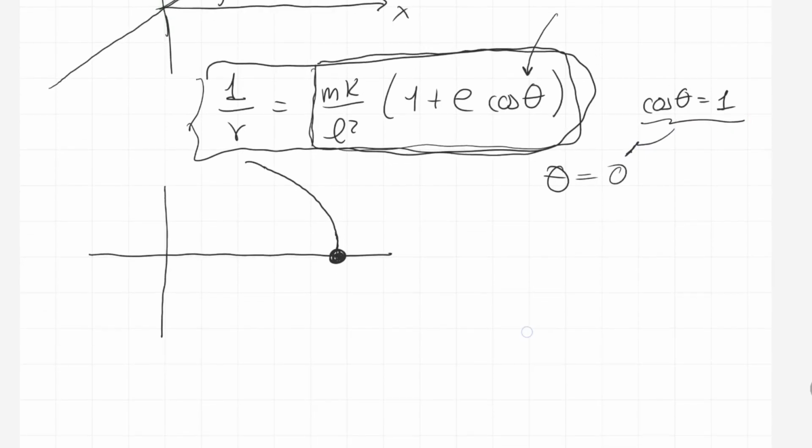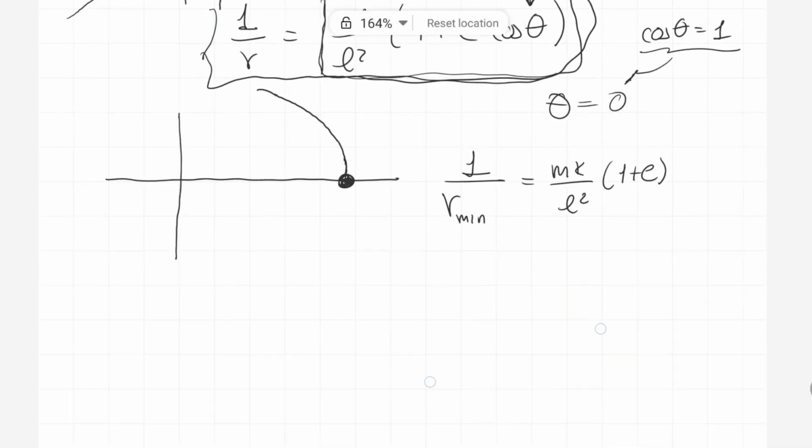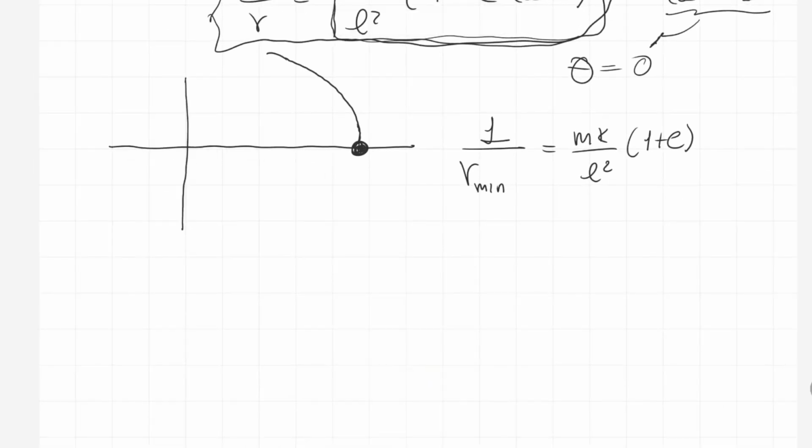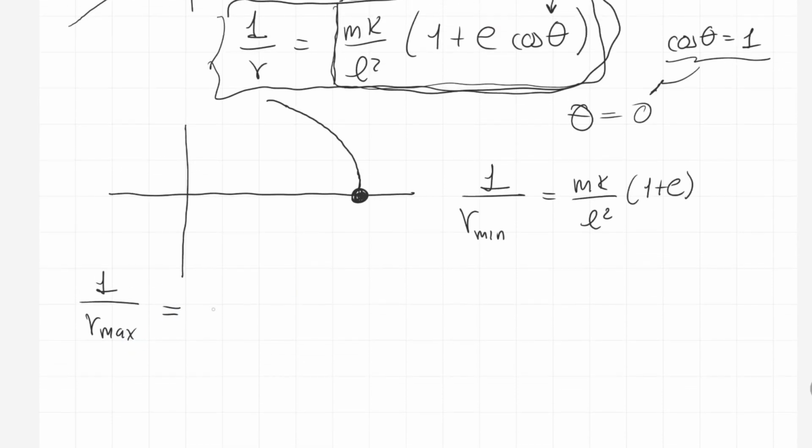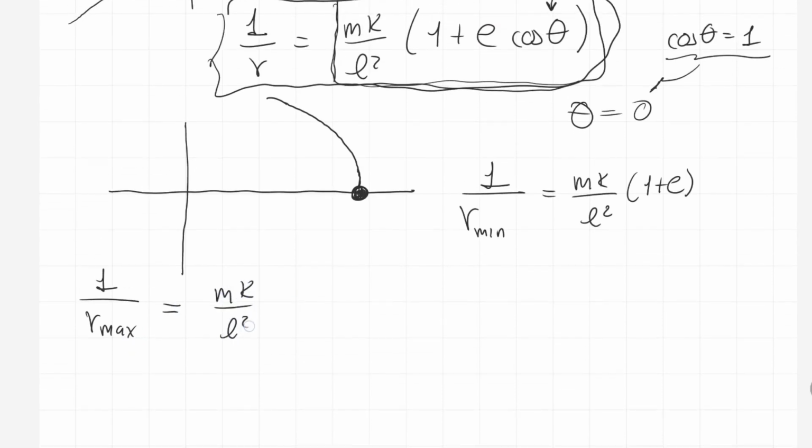So in that case, when we have the minimum r possible, we are going to have this expression: 1 over r minimum is going to be equal to mk over L squared times 1 plus e. And by the same reason, the r maximum is going to be obtained as follows. It will be mk over L squared times 1 minus e.